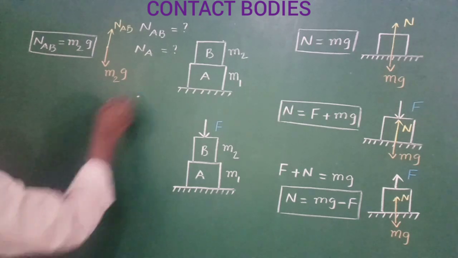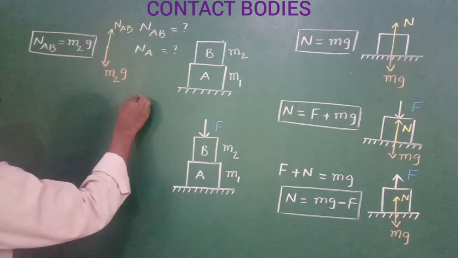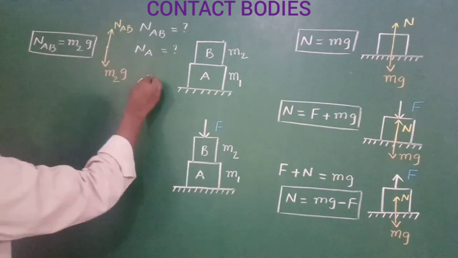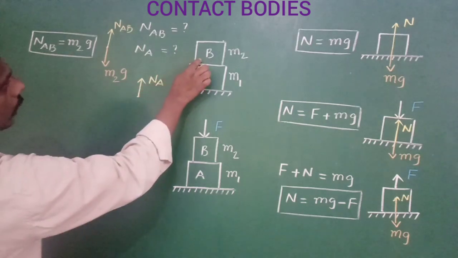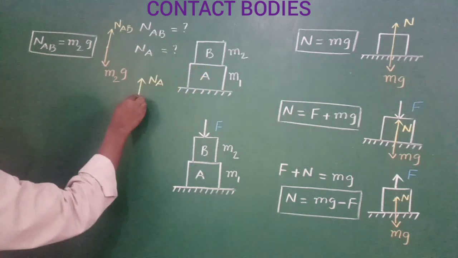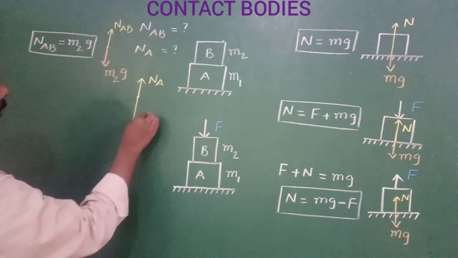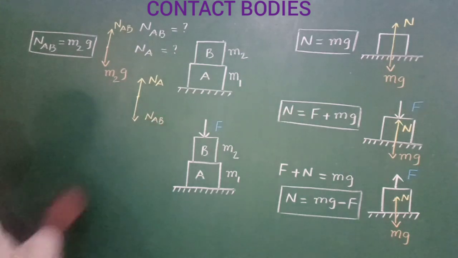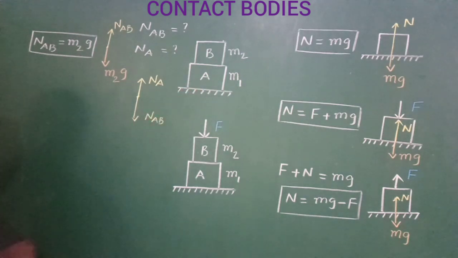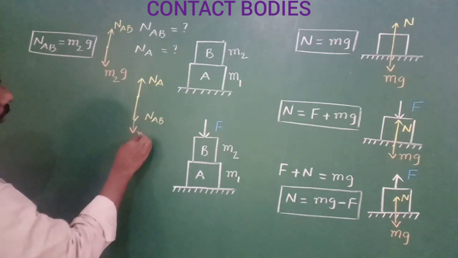In this free body diagram, normal reaction by the ground acting in upward direction, take it as NA. Normal reaction exerted by the block B is in downward direction, that is NAB. In addition to these two, weight of the block A acting in downward direction, that is m1 into g.